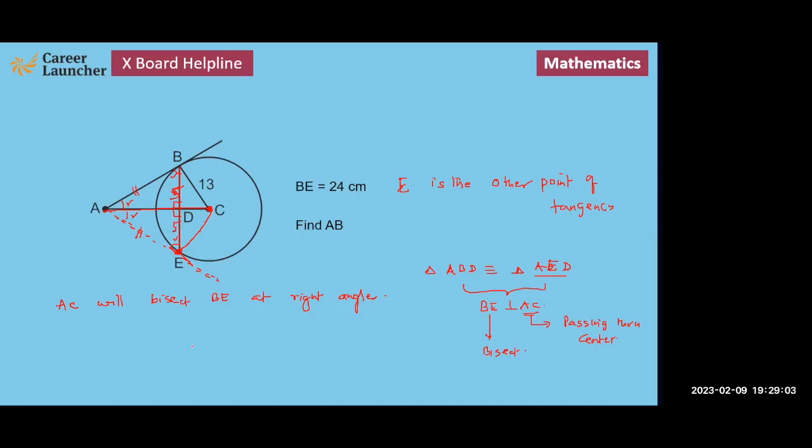We want to find out what is the value of AB, by the way, right? So AC bisects, so if I use this result, I can say that if this angle is theta, or let me call this angle 1, so this will be angle 2, so this will be angle 1.